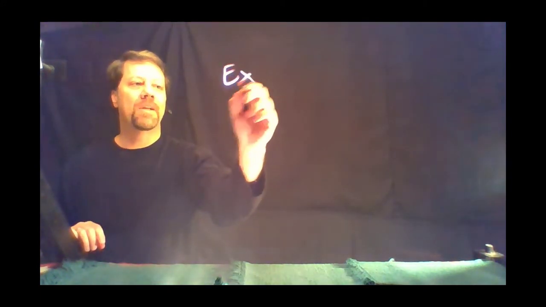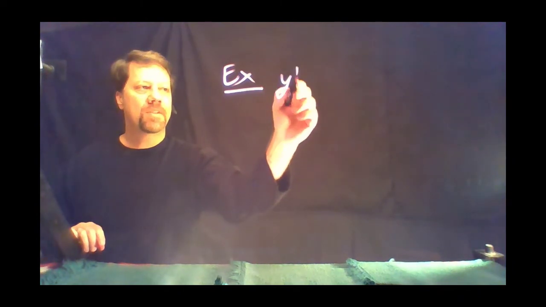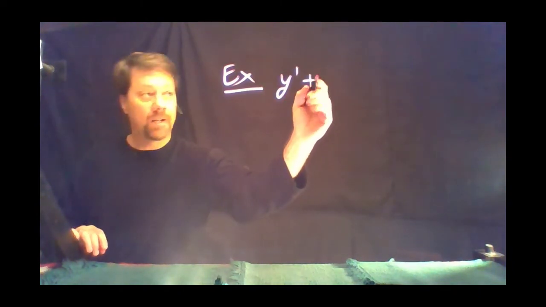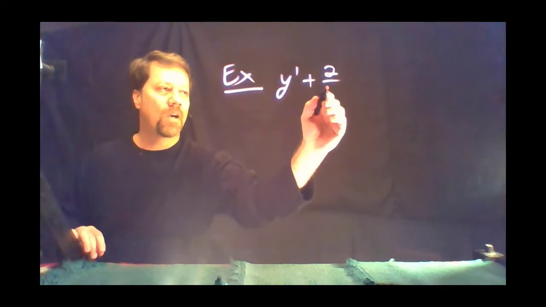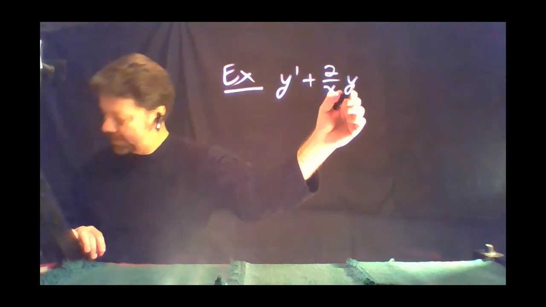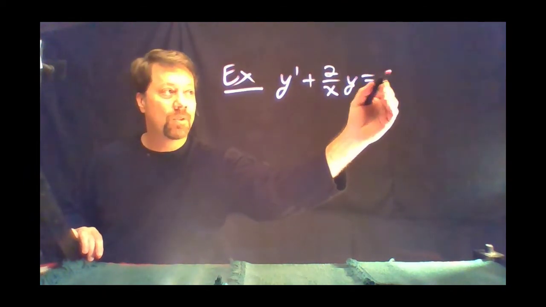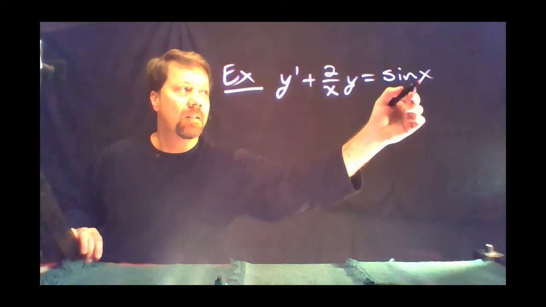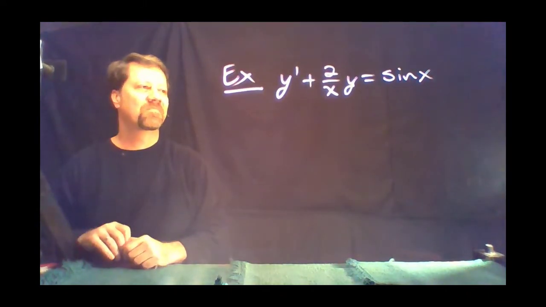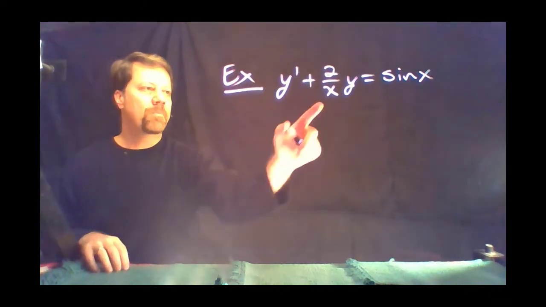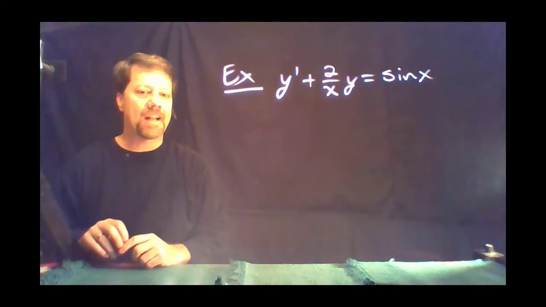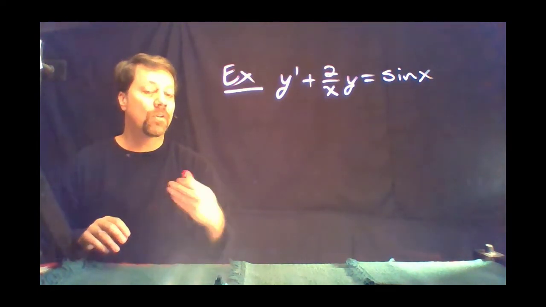Let's solve some first-order linear differential equations. Suppose I start with the differential equation y prime plus 2 over x y equals sine x. In this case, p of x is 2 divided by x. It's the coefficient of y.